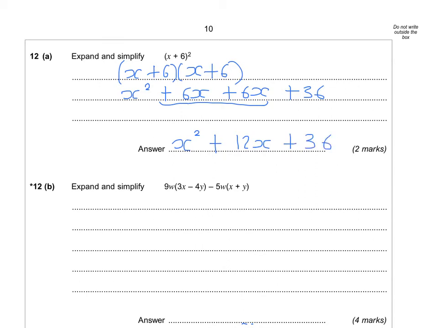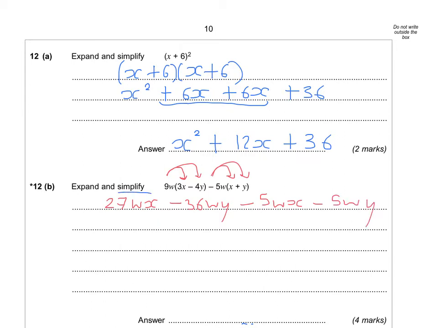12 Part B. Expand and simplify this expression here. It's a starred question as well, so we must be careful to show every step of our working. So, expanding the brackets in turn, first of all, gives us 27wx minus 36wy minus 5wx minus 5wy.